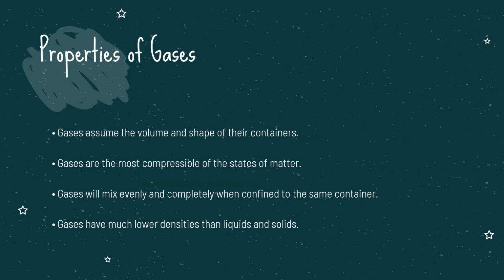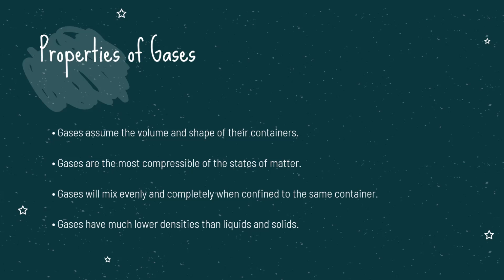So the properties of gases. This is something that all gases kind of have. One of them is that gases assume the volume and shape of their containers. Gases don't have a fixed shape. They're not like solids. If you put them in a container, they'll become the shape of the container.